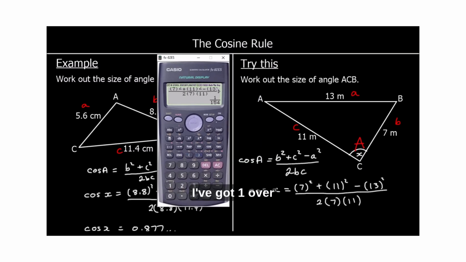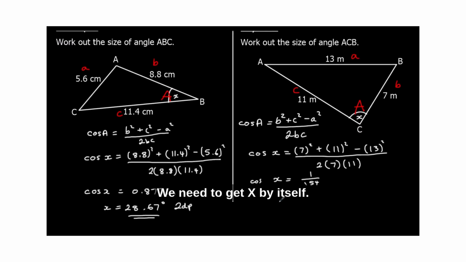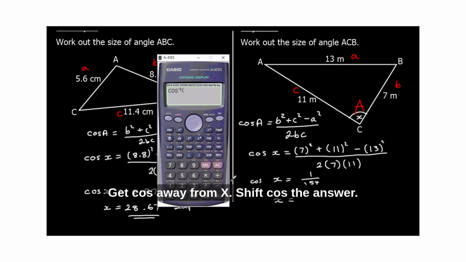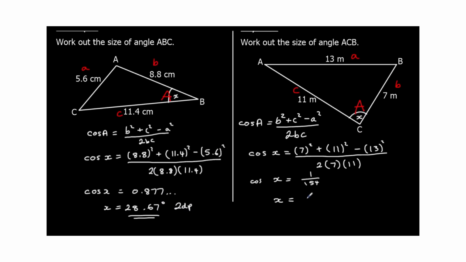So I've got 1 over 154, or as a decimal, a really tiny number. I'll put 1 over 154. So cos x equals 1 over 154. We need to get x by itself, so we shift cos, get cos away from x, shift cos the answer, and that has given us 89.63 degrees to 2 decimal places.